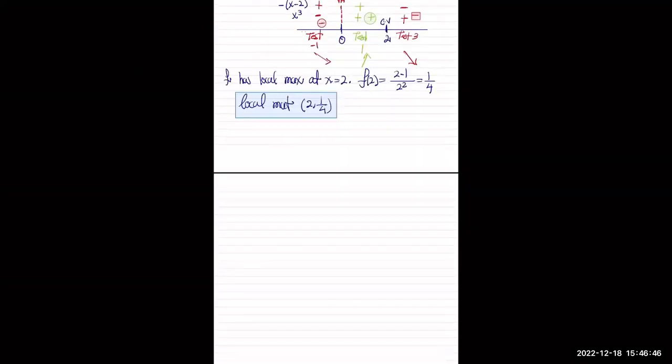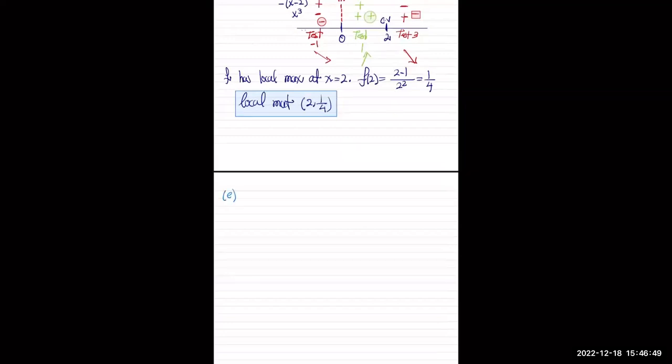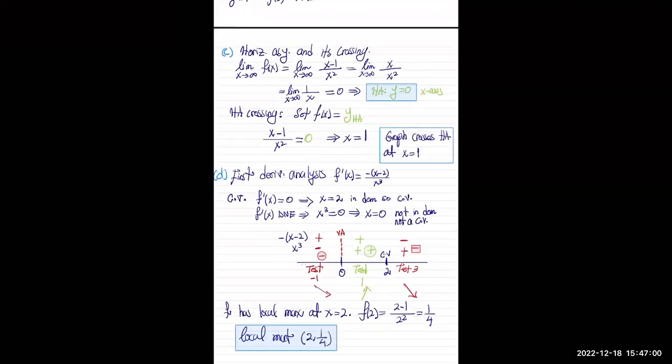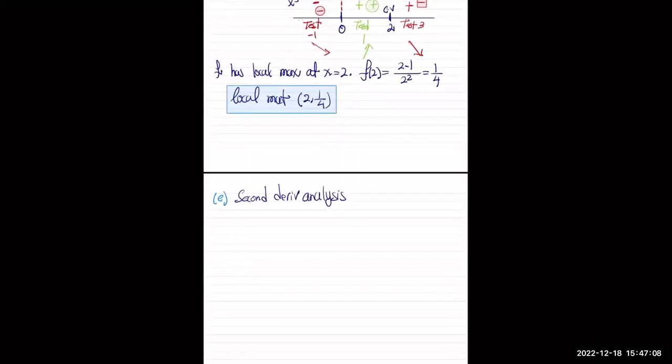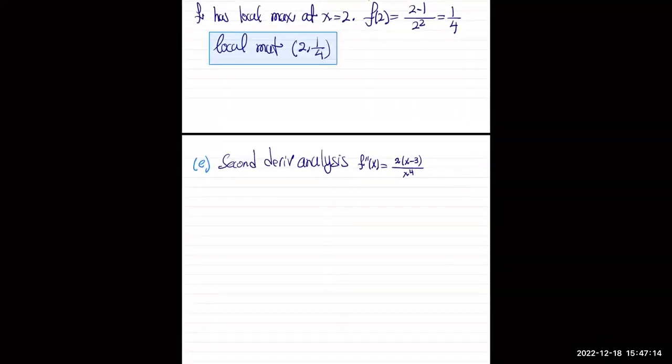Okay, let's do the second derivative analysis. I'm going to copy down the second derivative function. Just like the first derivative, set f double prime equal to 0. Top 0 gives us x equal 3.